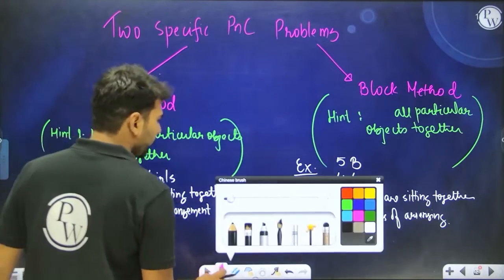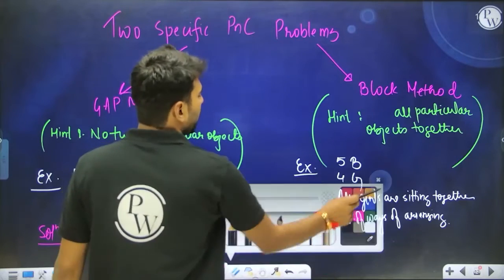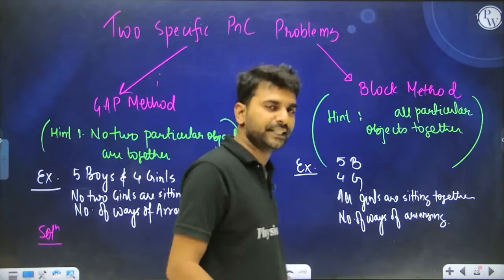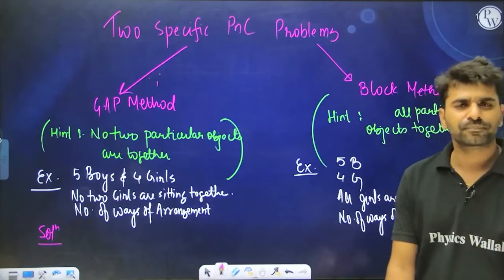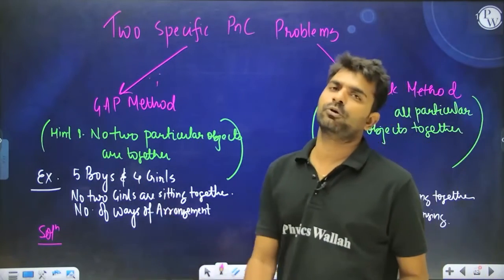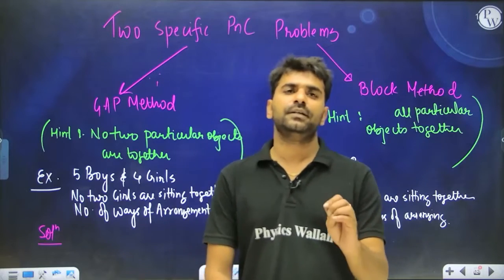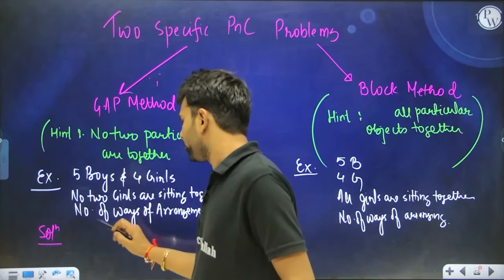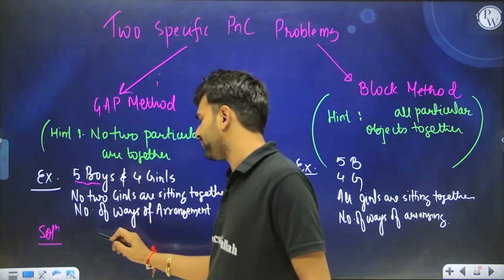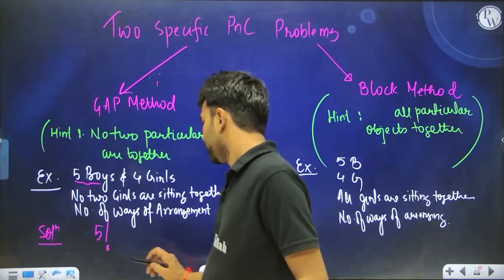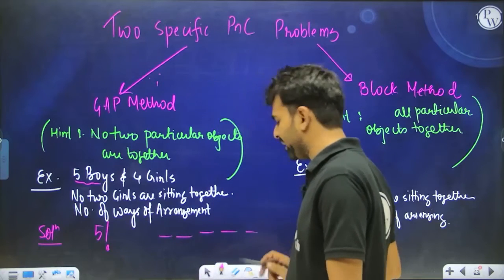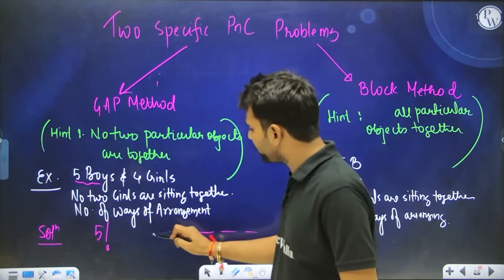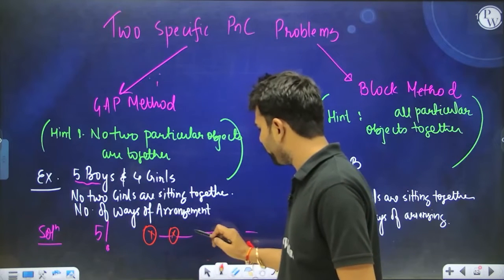Now understand this. While applying this method, over here it is given to me that no 2 girls are sitting together, that means boys can sit together. If the restriction is imposed only on girls, then that means no restriction on boys. So first I'll arrange these 5 boys. So 5 boys can be arranged in 5 factorial ways. So let's say these are the 5 places for the boys. Then around these 5 boys, how many places are there?